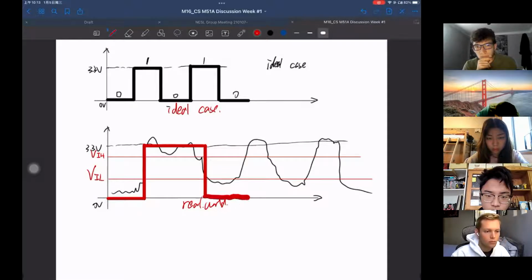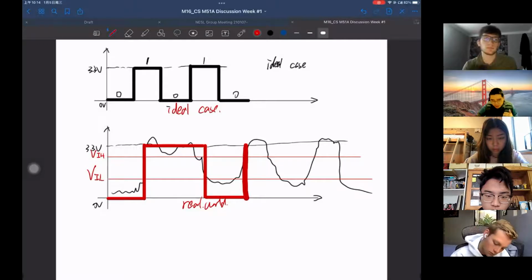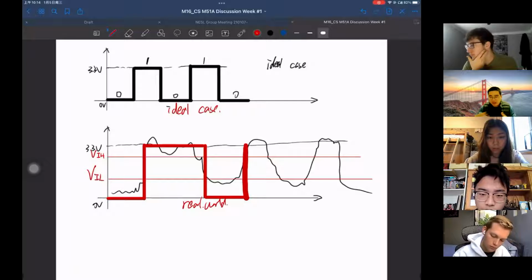And again here it goes up again. You can see a noisy signal becomes a perfect digital signal again. That's why we have this threshold. We inevitably have noise, either from thermal noise or from interference from other wires, but we can use these thresholds to make the signal more clear.